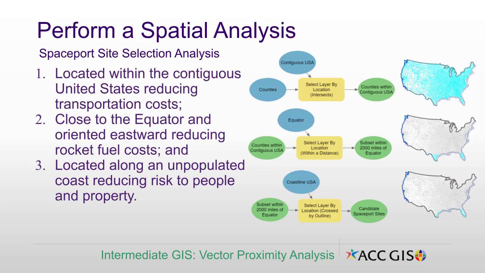Then I utilize the equator and the counties within the contiguous USA to select layers within a distance, in this case 2,000 miles, to create a subset of counties within 2,000 miles of the equator. And then last, I use that subset and coastline to select layer by location, crossed by outline. So it's the subset within 2,000 miles of the equator, crossed by the USA coastline, and that gives me my candidate spaceport sites.